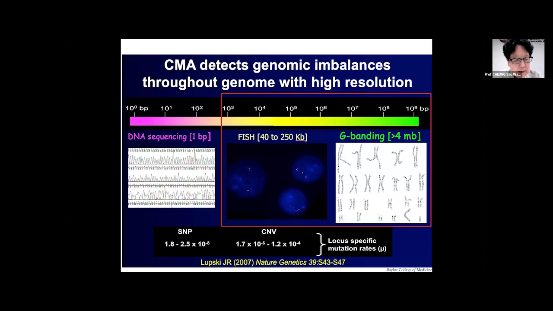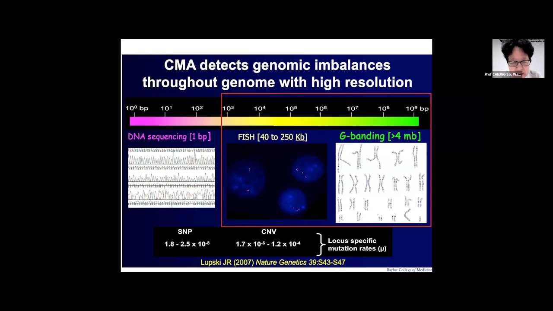For FISH, at 40 to 250 kb, if there is a loss or gain, we call this copy number variation, CNV. And then molecular study usually examines a resolution of 1 base pair to 1,000 base pairs.